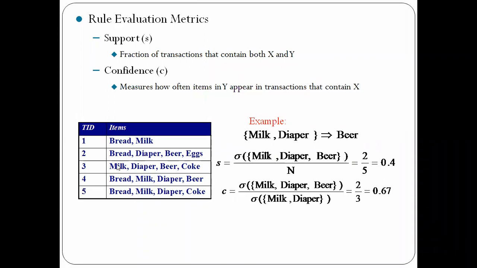It is present in only two transactions, that is 3 and 4. So X is this one and Y is this one, and the union of these two is milk, diapers, beer. The support count is 2, divided by the total number of transactions, which is 5. So 2 by 5 is 0.4. That is the support of this rule, X implies Y, milk, diapers implies beer.